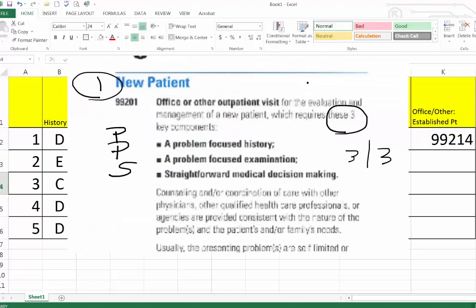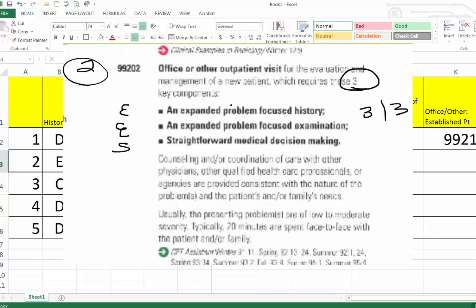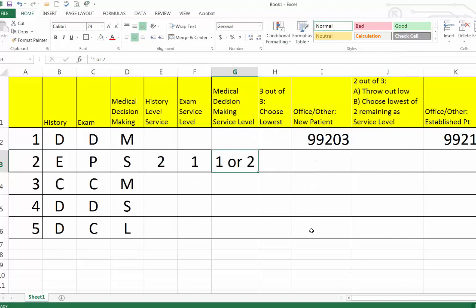Straightforward decision making is duplicated with service level 1 and service level 2. Now, when we have duplication of the language of the service level, then we get to choose the higher of the two service levels to give our physicians the most credit.